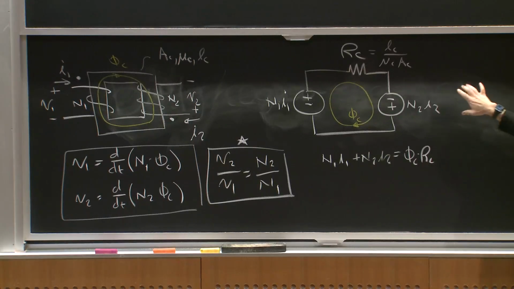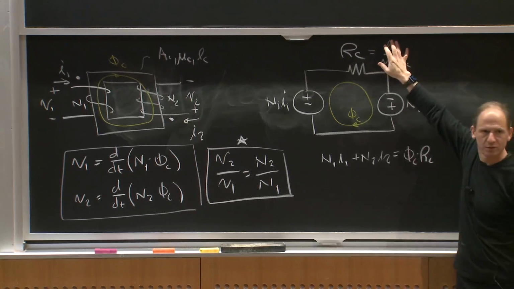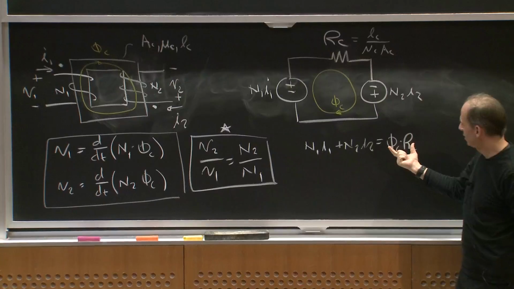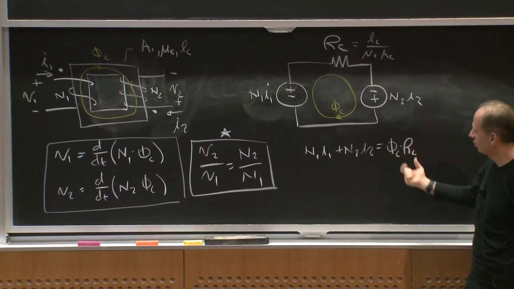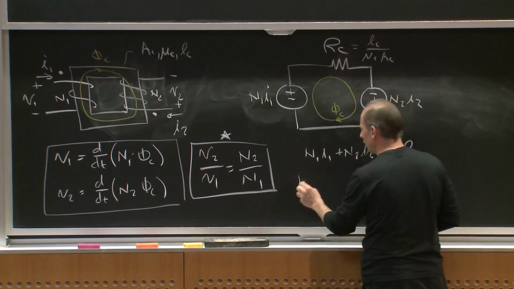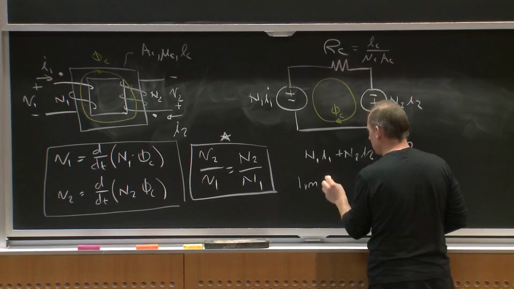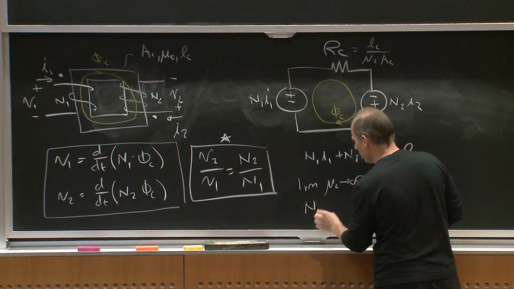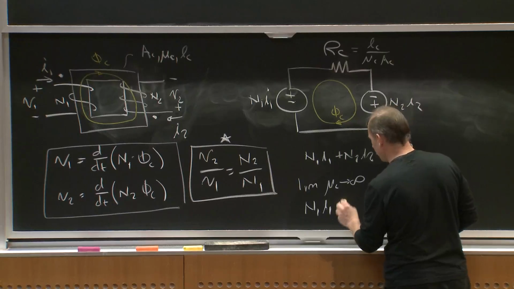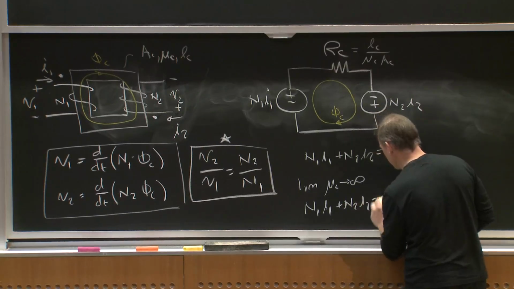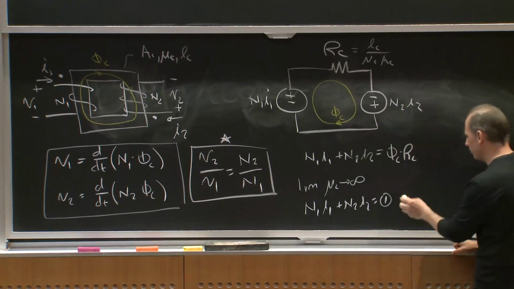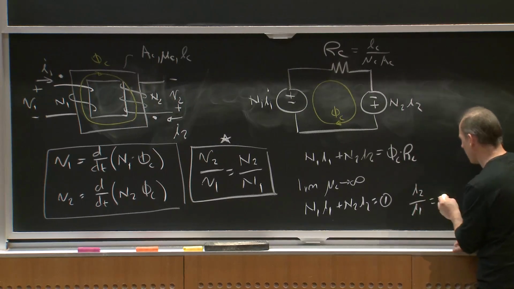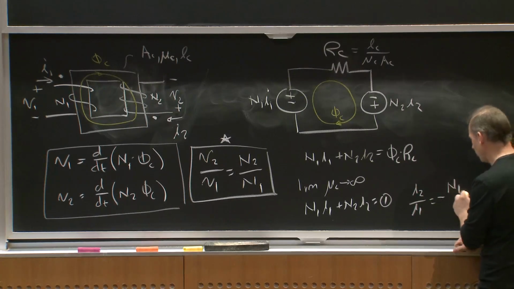If the reluctance of the core was really, really small, goes to 0, then this right hand side ought to go to 0. So what I have is, in the limit, as mu of the core goes to infinity, N1 I1 plus N2 I2 is equal to 0, okay? Or equivalently, I2 over I1 is equal to minus N1 over N2.